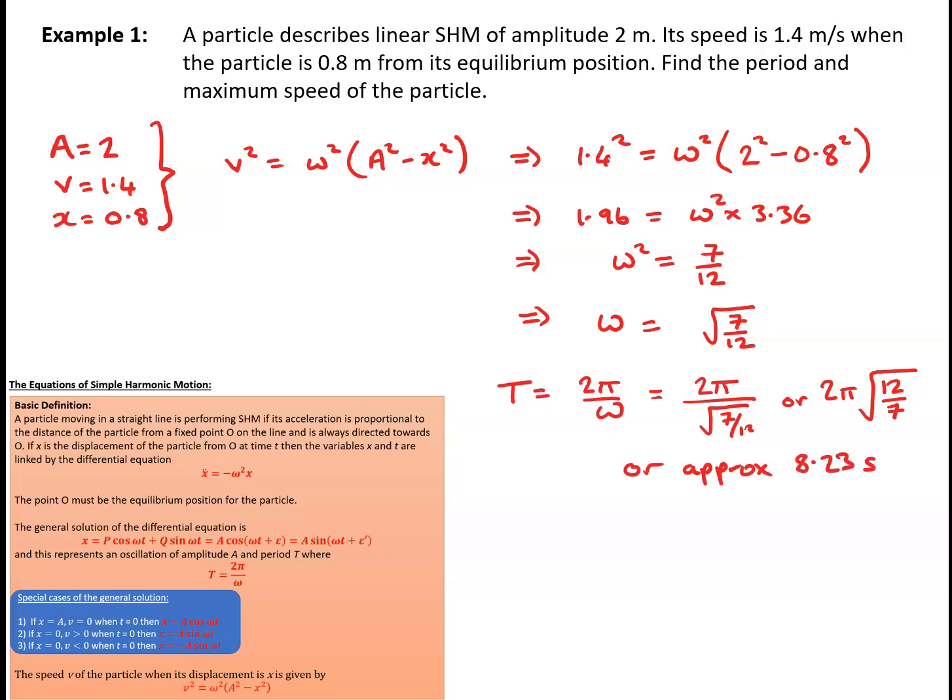The maximum speed of the particle is omega times a, which is simply the square root of 7/12 times the amplitude, which is 2. So we've got approximately 1.53 meters per second for the maximum speed.